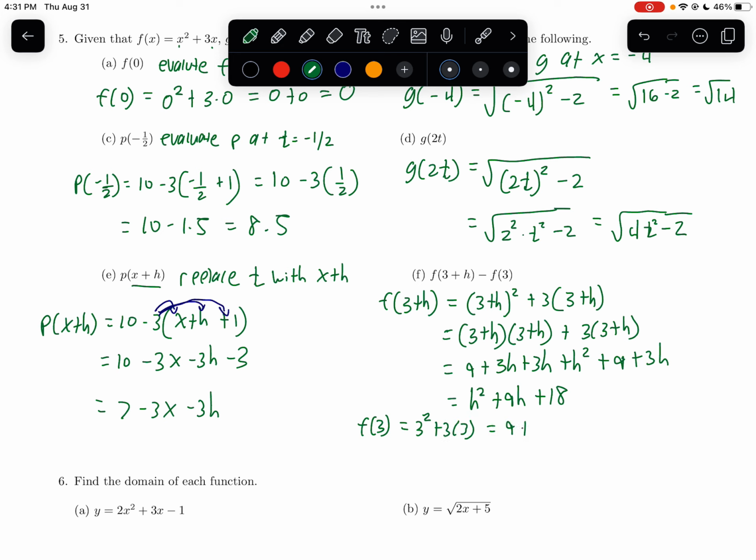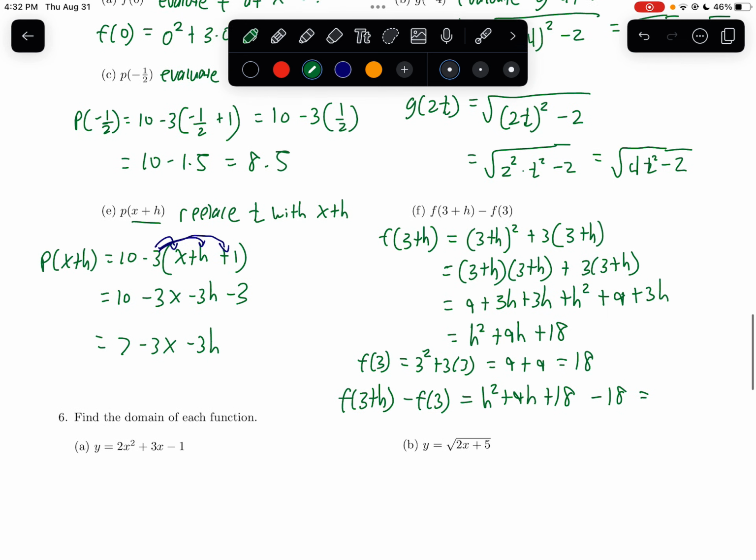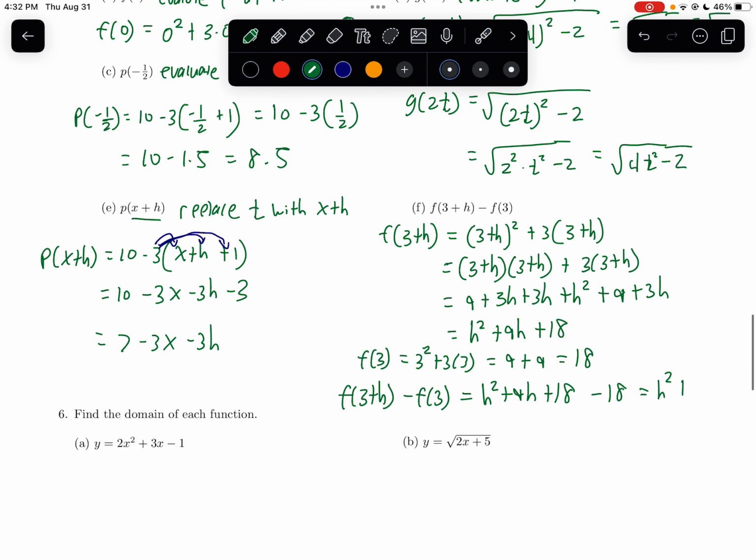That's 9 plus 9, which is 18. And so finally, when we subtract these two things that we found, so this first piece is h squared plus 9h plus 18. The second one we got 18, so we'll subtract, and you end up with h squared plus 9h. So that would be your final answer. So again, I recommend that you do this in steps, and then you take the difference.